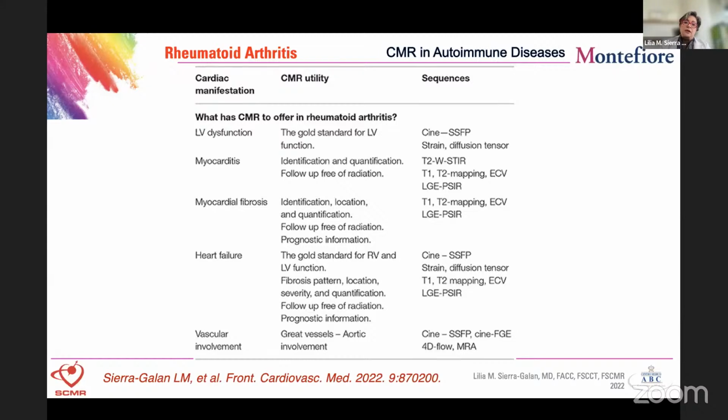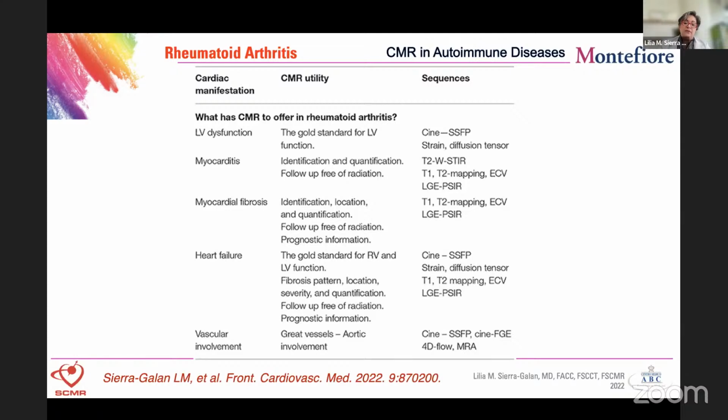Again, the measure of ventricular function, the presence of myocarditis, the presence of fibrosis, all the evaluation of heart failure, and the most important thing, to orient to other etiologies or to discard the other causes of heart failure, with its reproducibility, the feasibility of having a good follow-up free of radiation, very reproducible, and to have prognostic information.